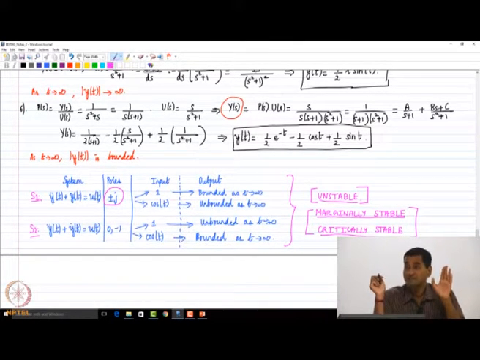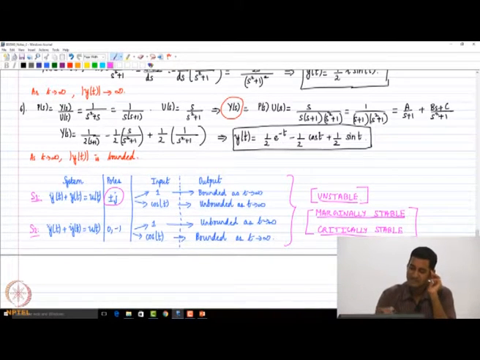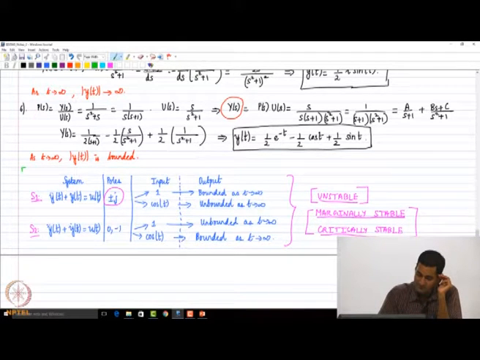But this is true only when you have what is called a non-repeating pole on the imaginary axis. So, this result is true only for non-repeating poles on the imaginary axis.